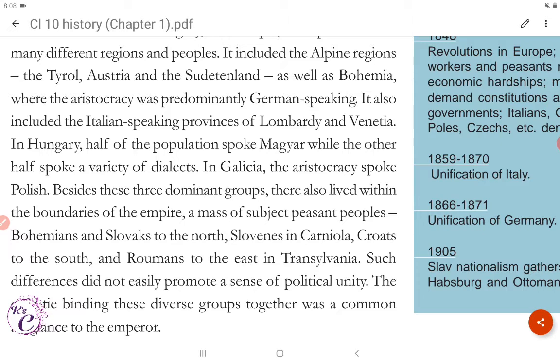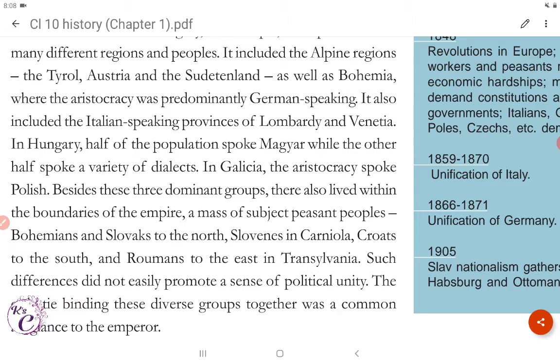In Galicia, the aristocracy spoke Polish. Besides these three dominant groups, there also lived within the boundaries of the empire a mass of subject peasant peoples: Bohemians and Slovaks to the north, Slovenes in Carniola, Croats to the south, and Romans to the east in Transylvania.